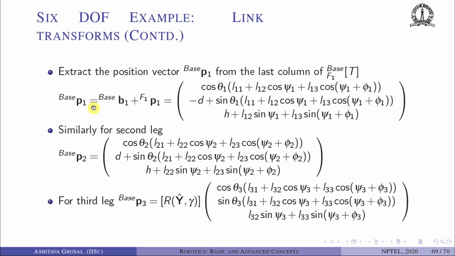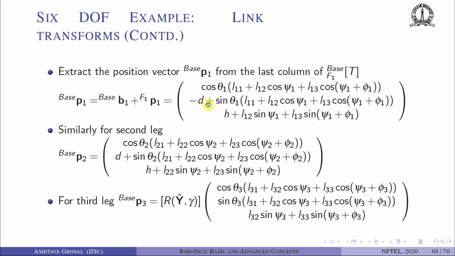So base to P1 is given by base to B1 plus F1 to P1, and it turns out that we have this reasonably complicated expression. But basically it contains theta 1, psi 1, phi 1, and the link lengths L11, L12, L13. The x component contains cos, the y component contains psi and sine, and the z component does not contain theta 1.